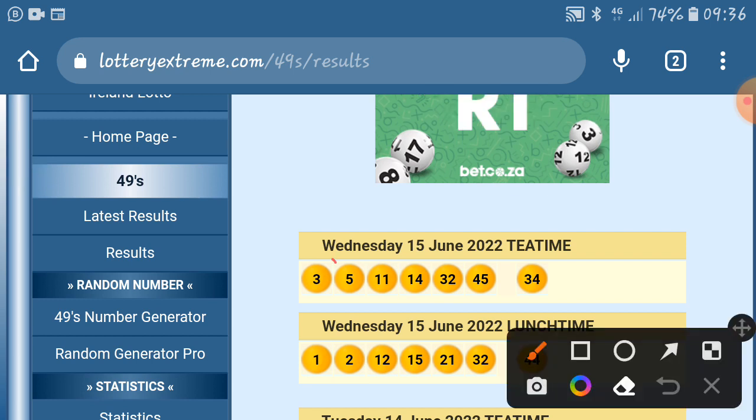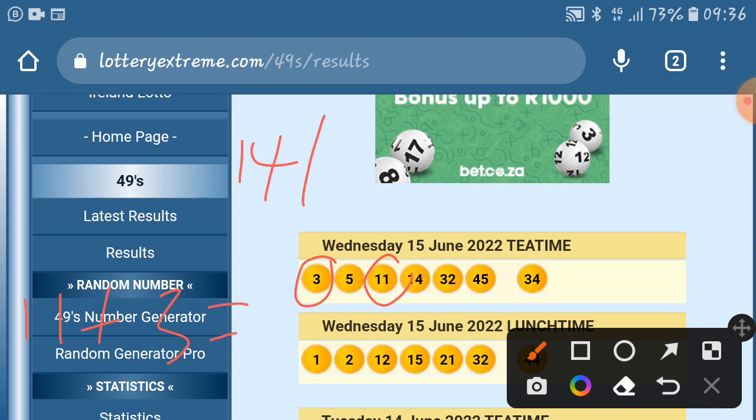And then we go to today's draw. We've got 11 plus or minus 3, which will give us 14 or 8. Remember, we said 14 is going to be repeated because of the other strategy that we used, that 14 is not moving, not changing positions.